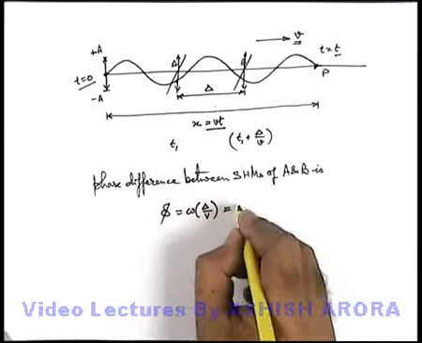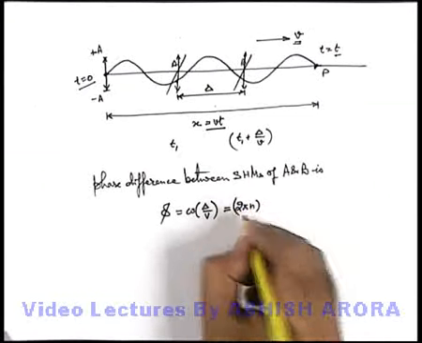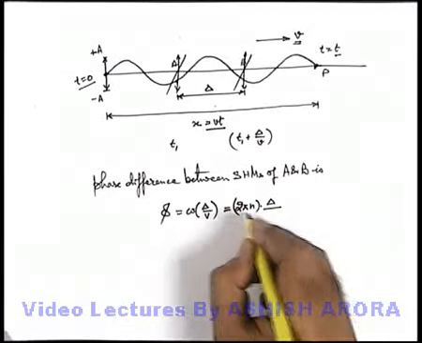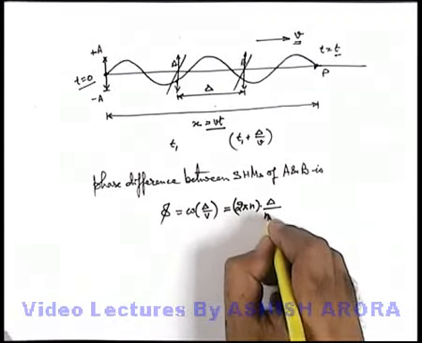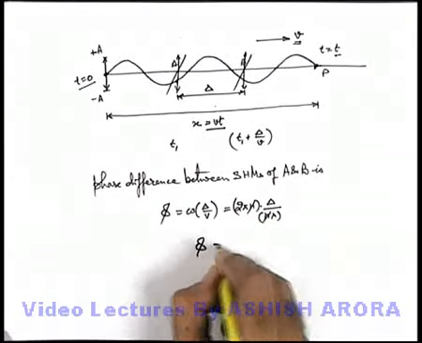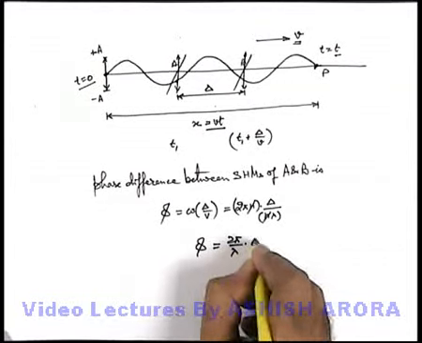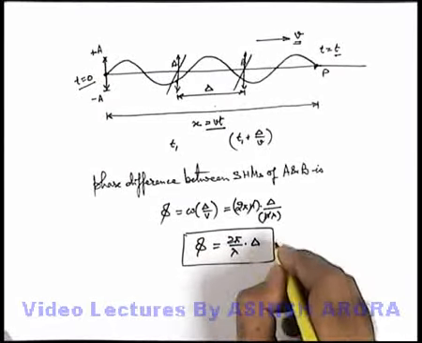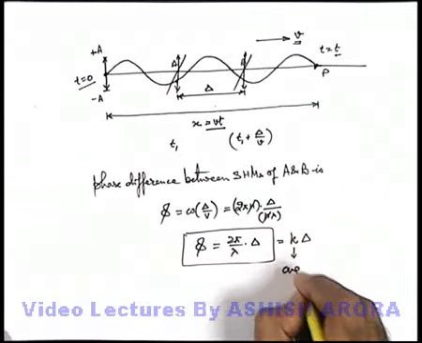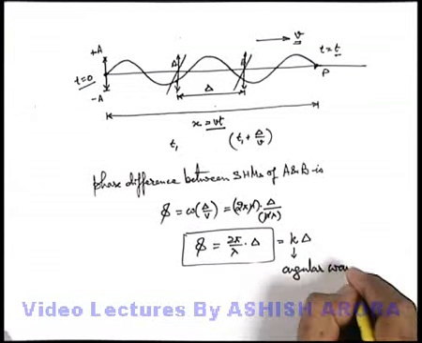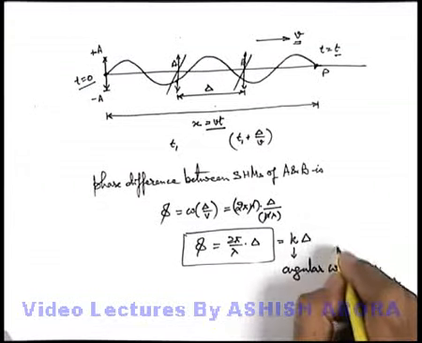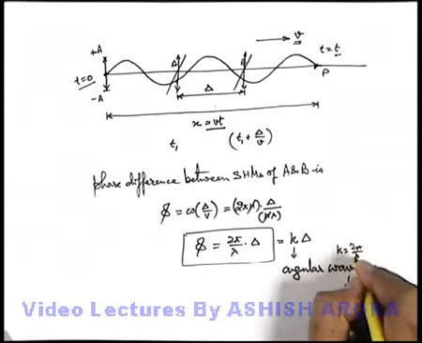So this can be written as 2 pi into frequency multiplied by delta upon the speed of the wave, which is n lambda. In this situation n gets cancelled out. The phase difference is equal to 2 pi by lambda into delta. Here 2 pi by lambda is written as k, which is called the angular wave number for a simple harmonic wave, where the value of k is 2 pi by lambda.